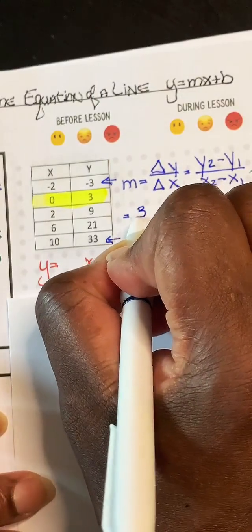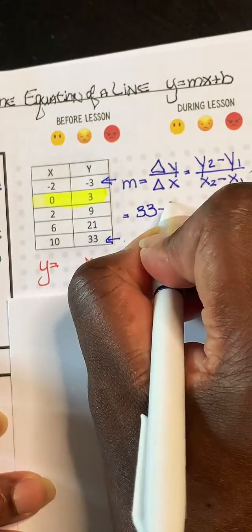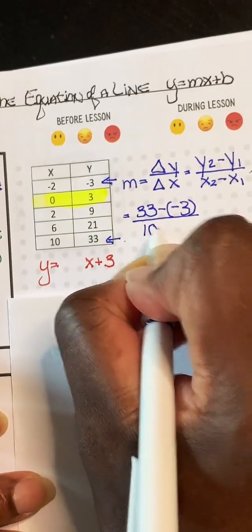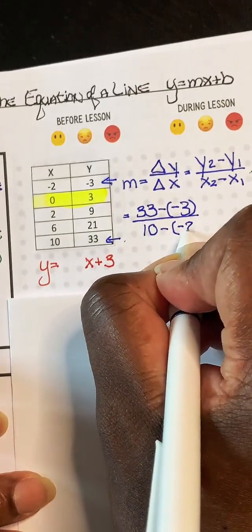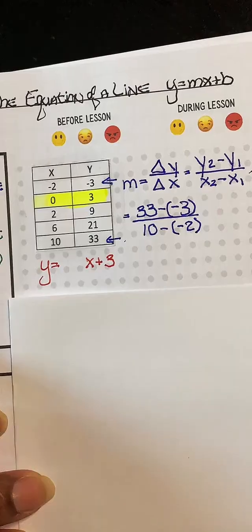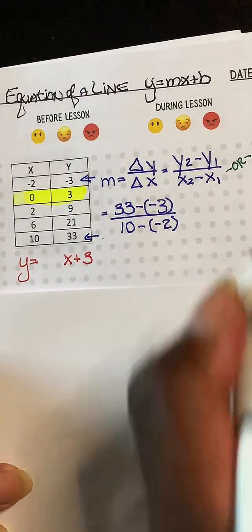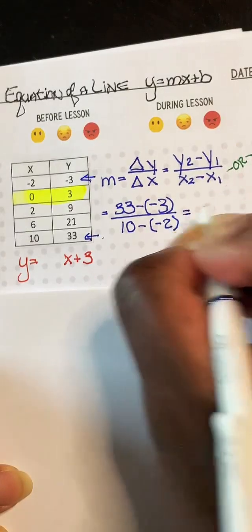We have a 33 minus a negative 3. Then we have our 10 minus a negative 2. All right. So when you minus a negative, that means that bad boy is going to turn positive.